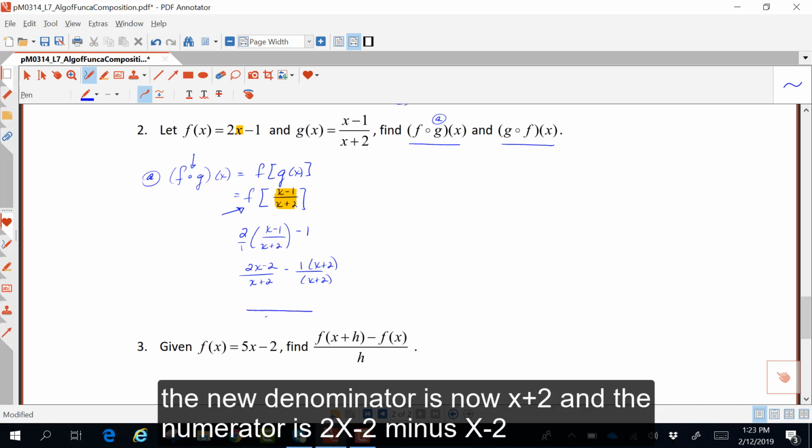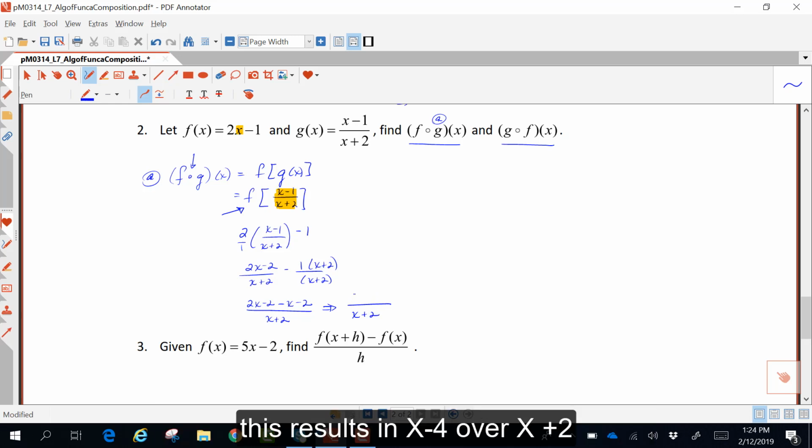The new denominator is now x plus 2, and the numerator is 2x minus 2 minus x minus 2. This results in x minus 4 over x plus 2.